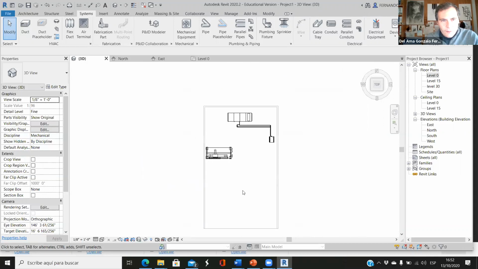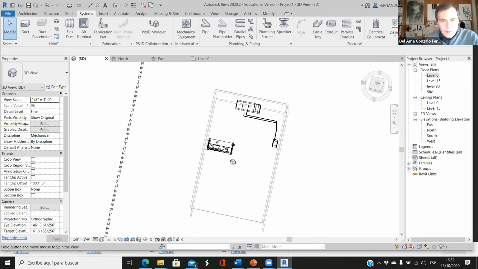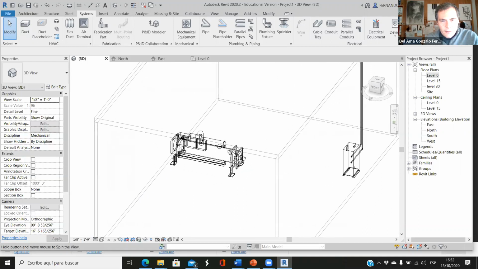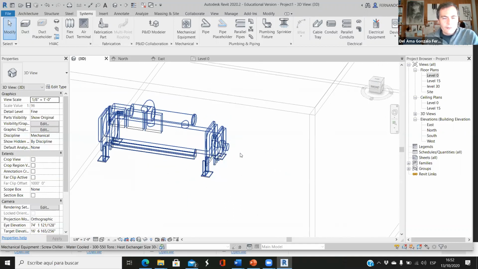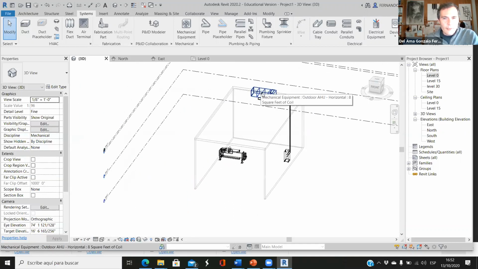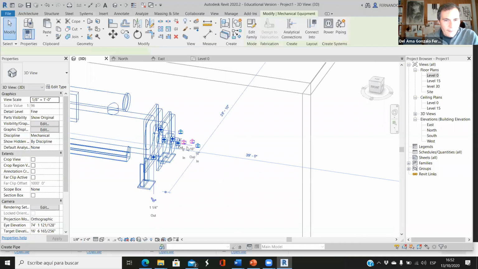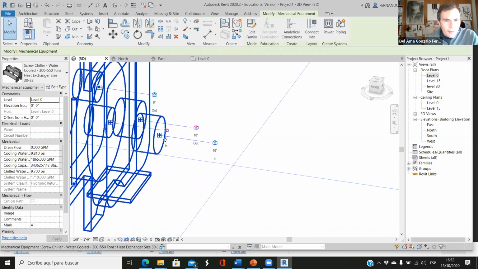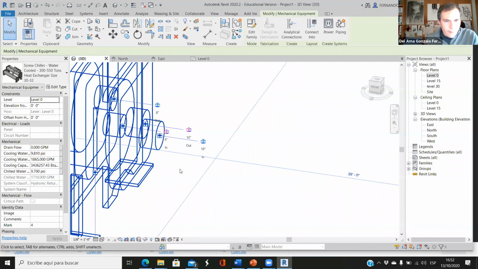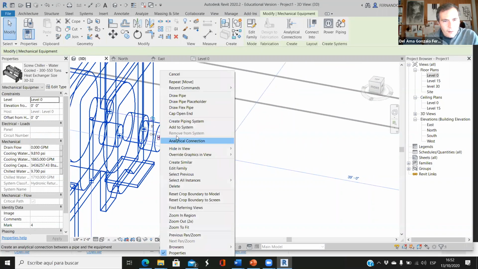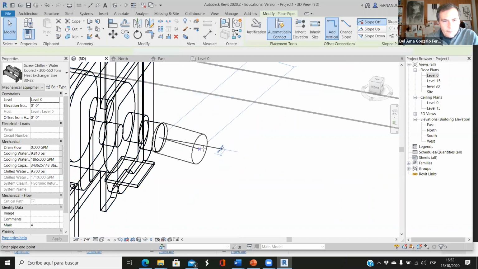And well, the problem with those chillers is that they are meant to be in large buildings. So this is a small building with a small air handling unit and small boiler, and we have this monster here, and these water pipes, it's 8 inches. It's too much. Okay, so let's draw pipe.